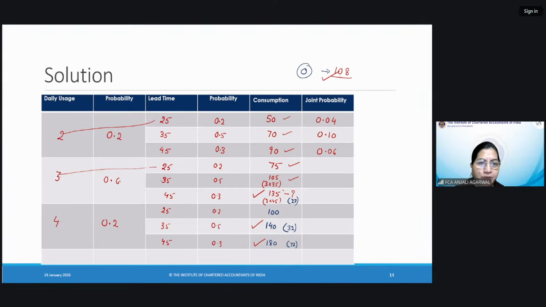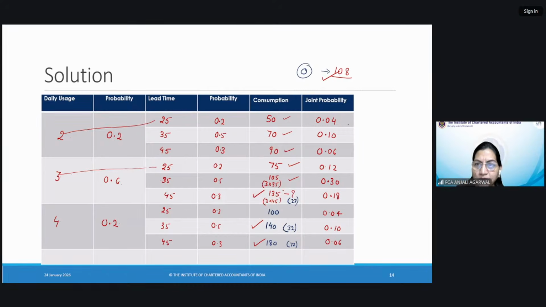So joint probability, 0.6 into 0.2 is 0.12, and 0.6 into 0.5 is 0.30, 0.6 into 0.3 is 0.18. 0.2 into 0.2, 0.04, 0.2 into 0.5, 0.10, and 0.2 into 0.3 is again 0.06.